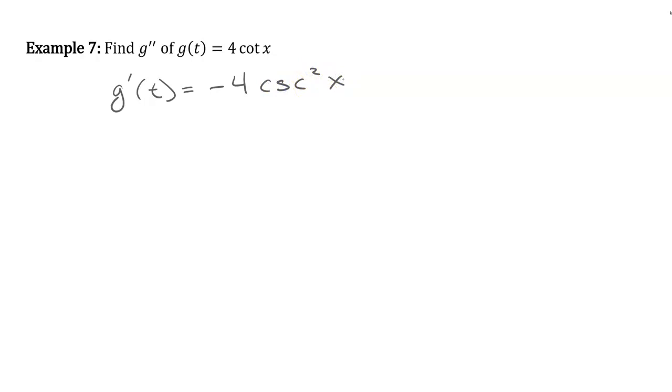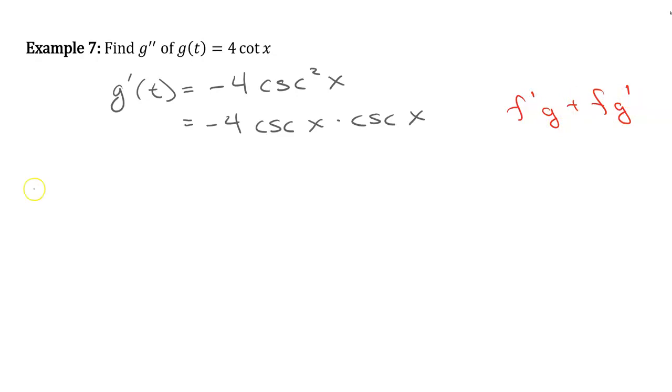But if we're going to find the second derivative, well, none of our formulas will work exactly. So we're going to have to manipulate this a bit to make it work. So negative 4 cosecant squared, I can rewrite as cosecant times cosecant. And we now have our product rule. F prime g plus fg prime.